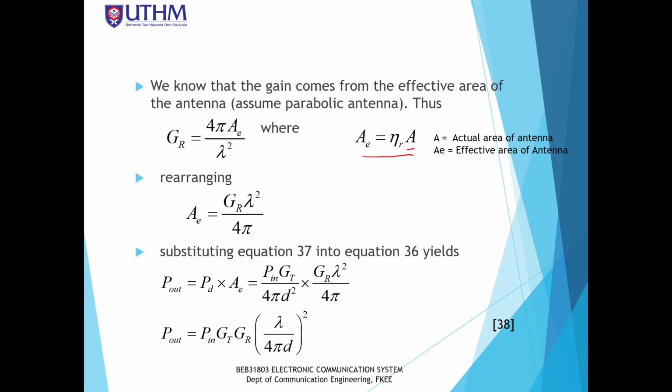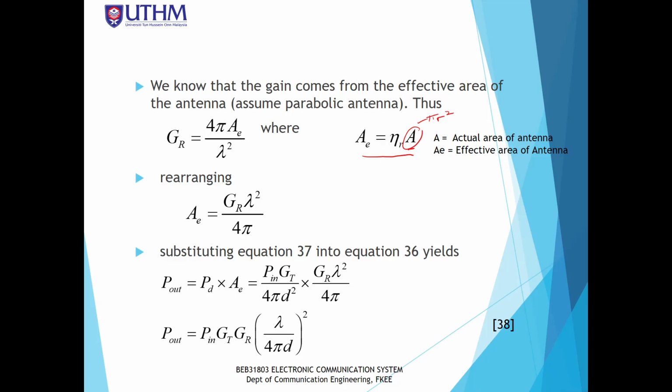So here, this A is actually pi r squared of the antenna, the actual surface area of the antenna, which is in a circular shape. So it is pi r squared multiplied with the antenna efficiency, and you're going to get the effective area of the antenna.